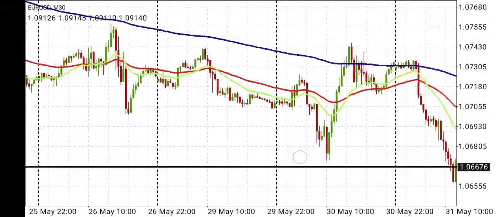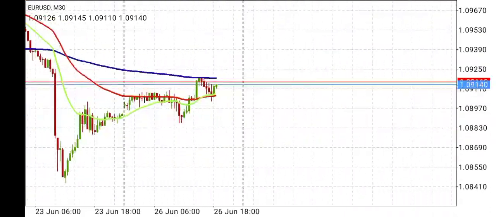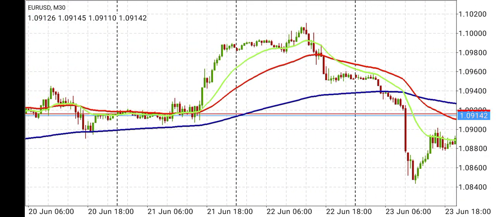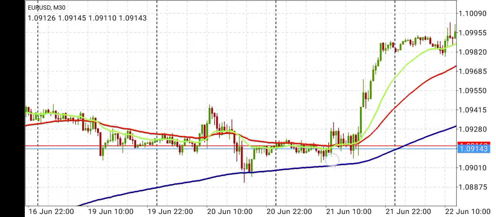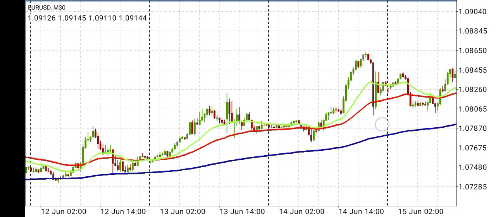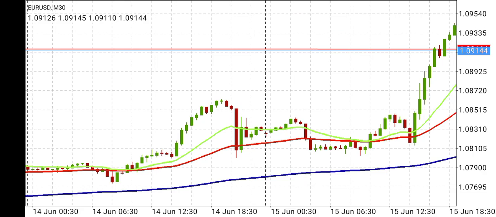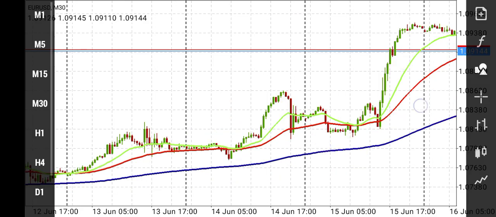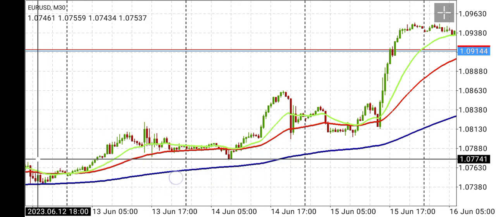Okay, now here is another example of a continuation of a bullish trend. You can see here at this point the market has been buying from this level.